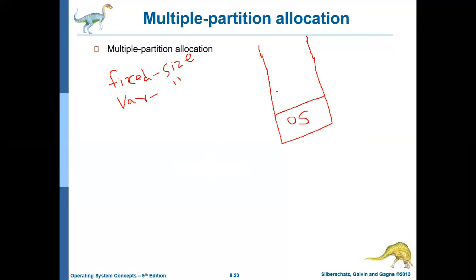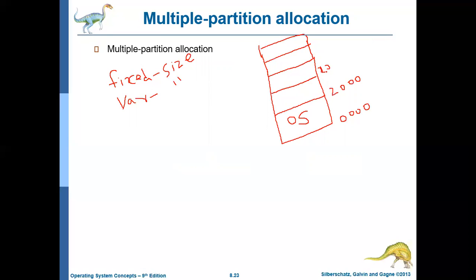With fixed size partition, the entire memory will be divided into partitions of fixed sizes. Let us assume the starting address is 3000. Say the operating system occupies up to 2000. Then the remaining memory is divided into partitions of size 100 MB each.